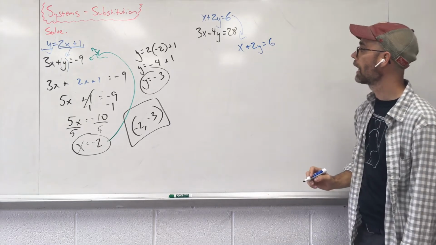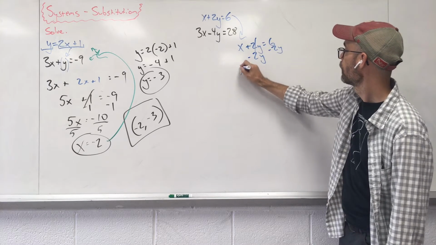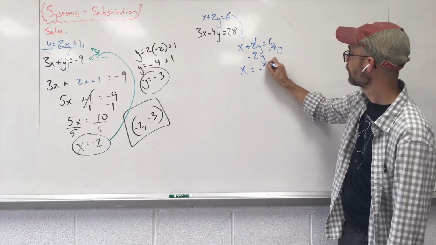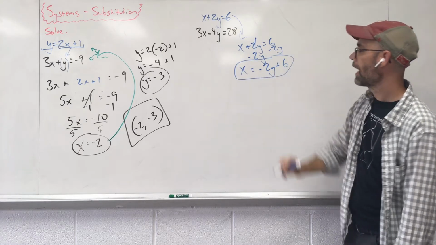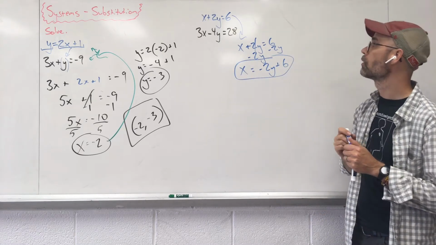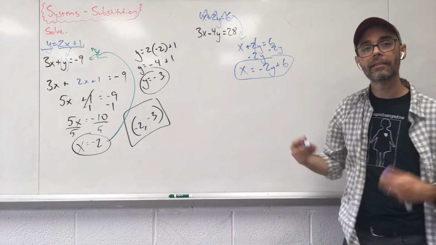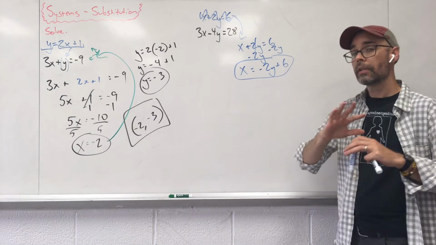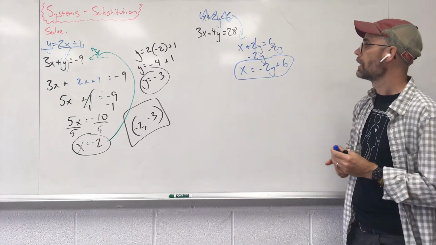I want x to be alone. Minus 2y, minus 2y. X equals -2y plus 6. There's that. Okay. It now says x equals. So if I wanted to, I can ignore that. That doesn't exist anymore. You don't need to get rid of it. They're the same thing.